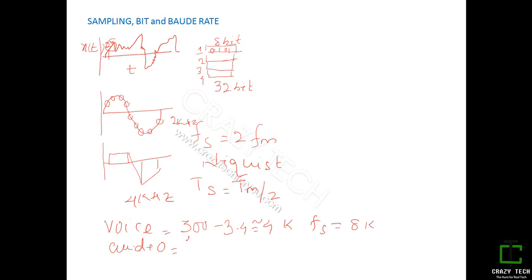For an audio signal the range is about 20 hertz to 20 kilohertz. So I need a sampling rate of 40 kilohertz, but practically we are using 44.1 kilohertz.